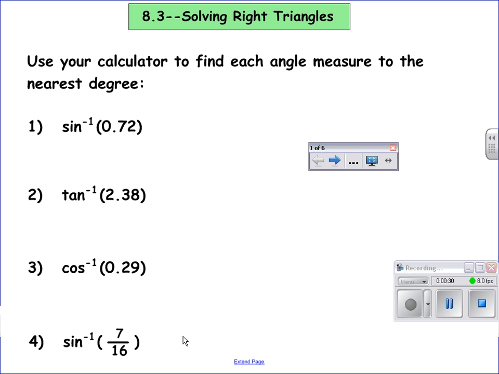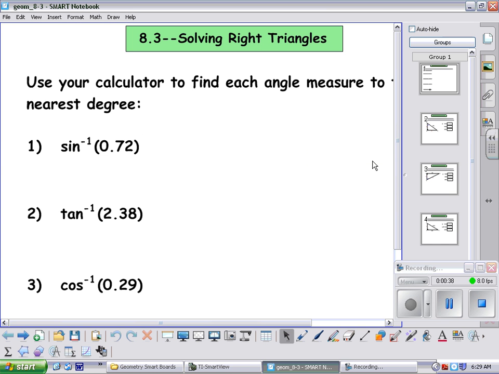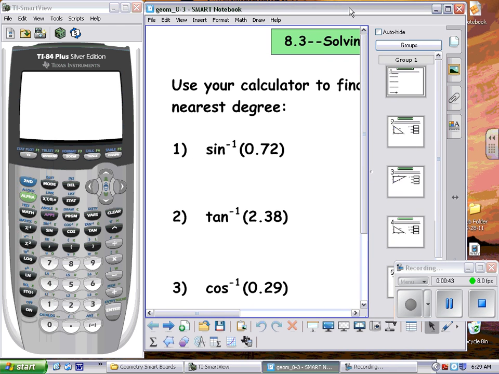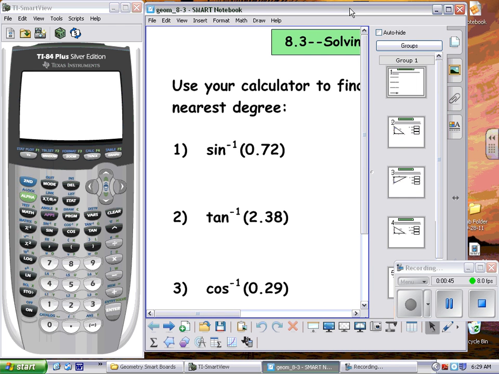So if I'm given a ratio, I'm going to use the inverse in my calculator to find the actual measure of the angle. Okay, so here's how this works. You have a little conversation with your calculator. You say, Mr. Calculator, if I have a right triangle and the sine ratio, the ratio of the opposite to the hypotenuse is 0.72 as a decimal, what is the angle measure?